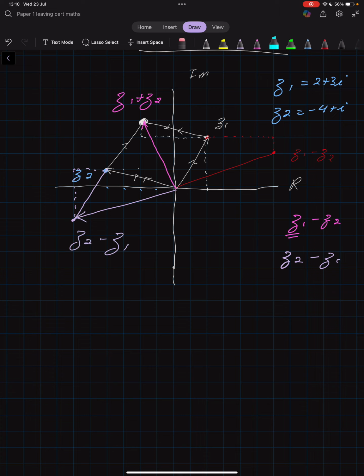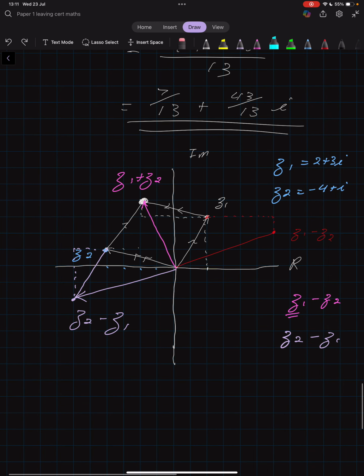You'll notice these two things are just in opposite directions of one another, which should make sense because one is just the minus of the other. So Z2 minus Z1 is just the minus of Z1 minus Z2. So that's how you add and minus complex numbers. If you're in physics, it's just adding and minusing vectors. Or applied maths, it's just vectors. That's all it is.